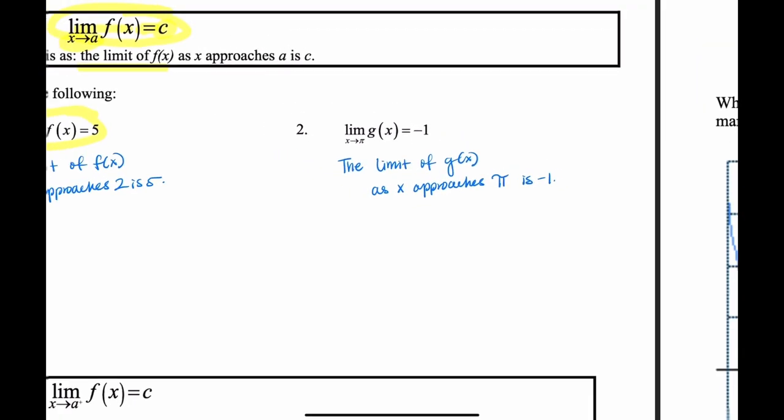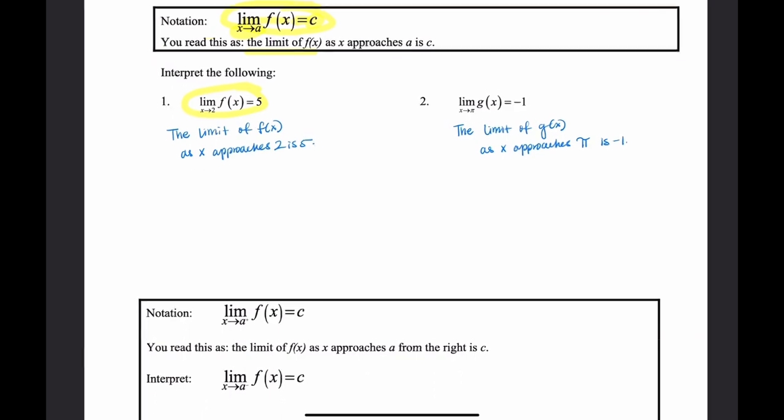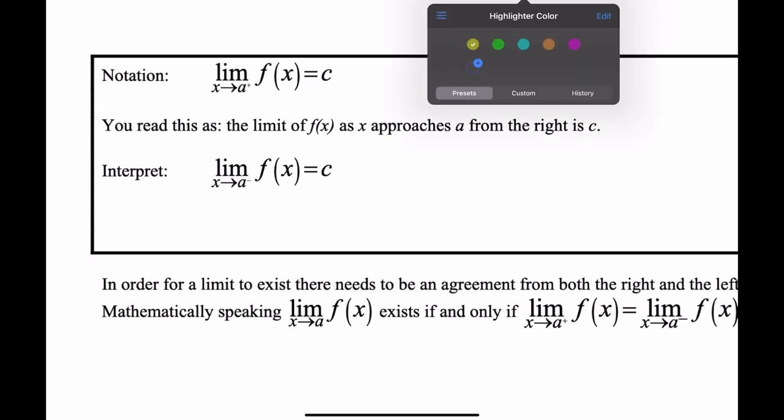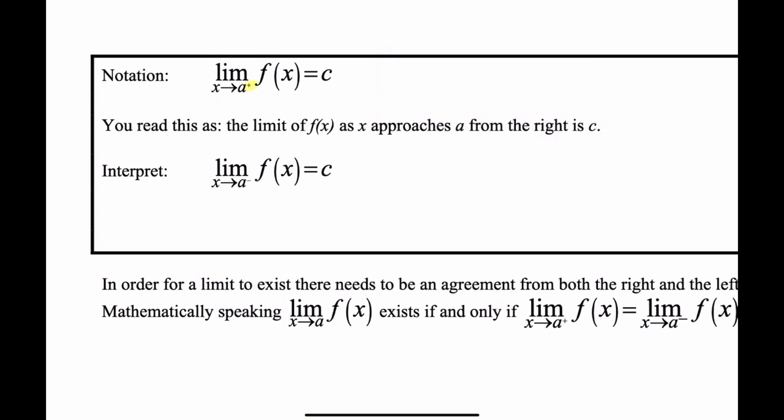Moving on to our second set of notation, you might notice that this notation looks extremely similar to the last one, the only difference being that now I have a positive sign next to a and a negative or minus sign next to a as well. These signs indicate which direction we will be observing each limit.